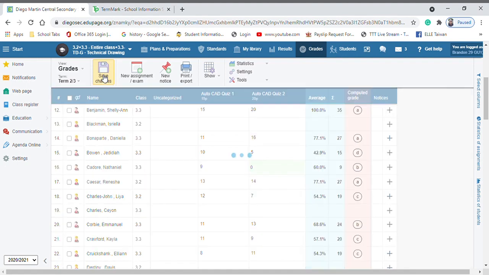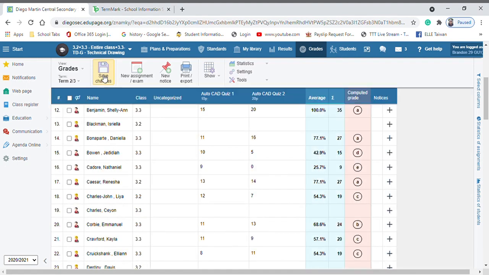Let's save. Right. Now the percentage went down because the total was not 15, it's actually 35. So 9 over 35 multiplied by 100, and that will give us the correct percentage.